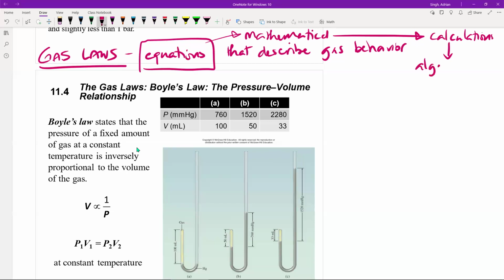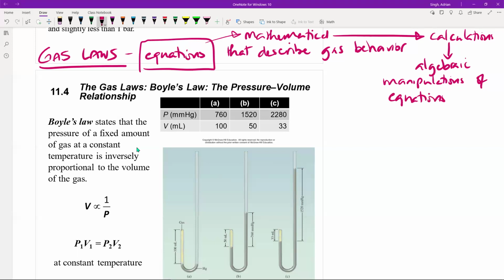Specifically, we're talking about algebra, algebraic manipulations of equations. As we'll see as we go through some examples, all of the gas law problems you'll see really just boil down to mathematics, and specifically manipulating equations. So algebraic manipulations of equations is what we're looking at.